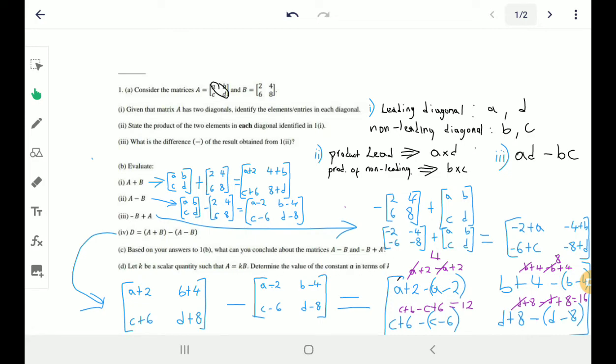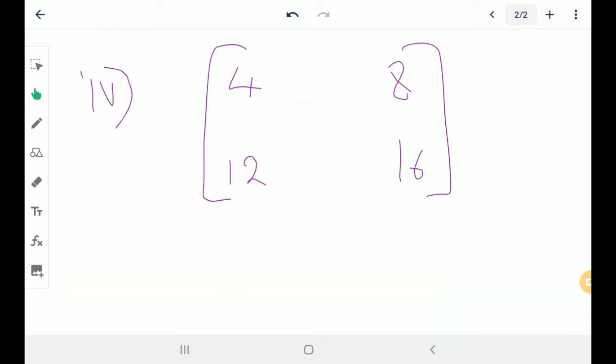They are equal. Alright, and then finally, let K be a scalar quantity such that A equals K times B. Determine the value of the constant A in terms of K. So remember what A is, so we're going to do it here.